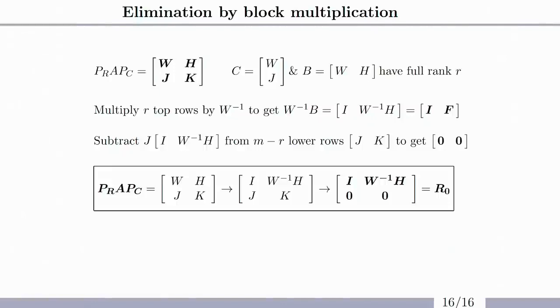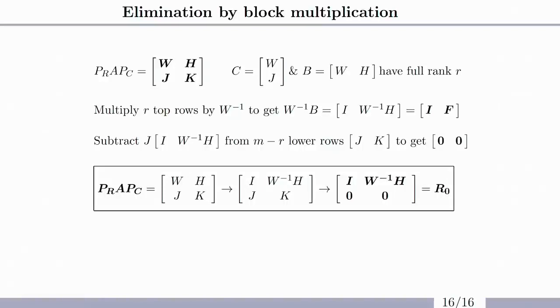WHJK, that's the matrix I'm starting with. I'm going to invert W, and I know that JK is some combination of WH. So when I invert W, I get the first, and elimination produces a first row, starting with the identity. And when I apply that to the second, the JK row, those go to 0.